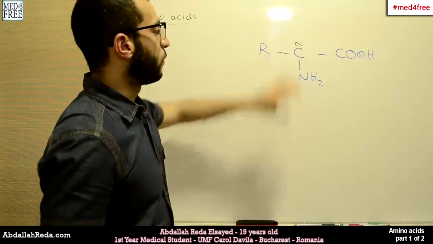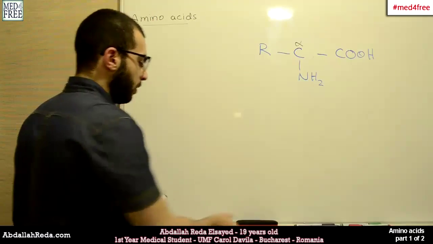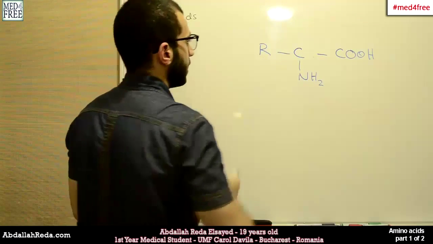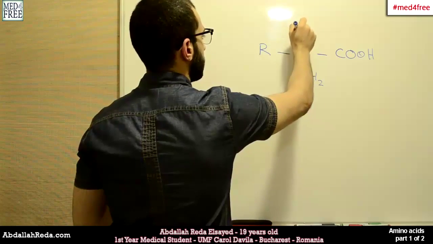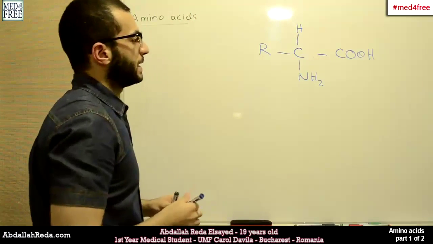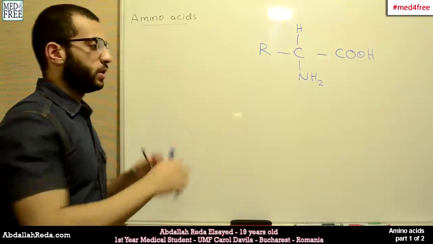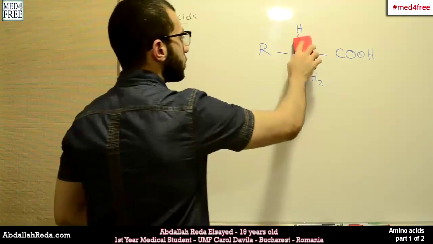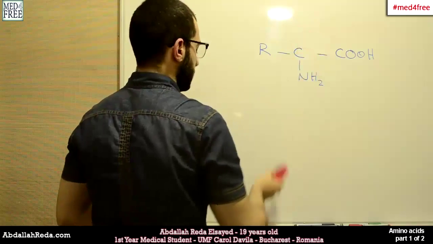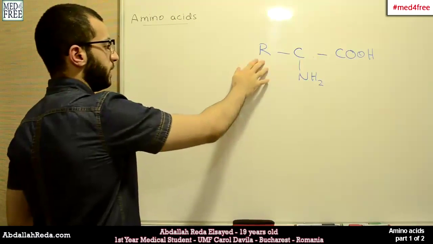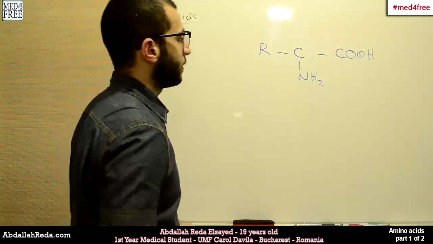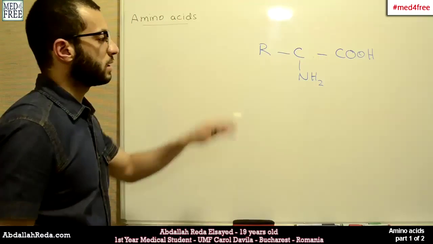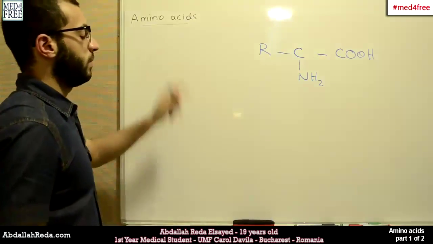So it must have four such bonds. If we want to write the structure more efficiently, we would write something like this, and I put the H here. But it gets messy when you try to write bigger structures. Also, we can eliminate the H and consider it part of the R, or write it however you want. This is the basic structure of the amino acid.